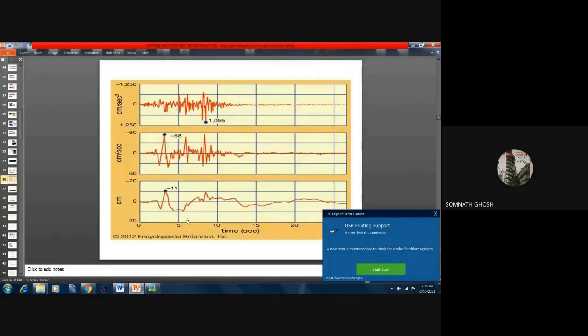So you see, this is a typical seismograph I have taken from the Encyclopedia Britannica. You see, this is the acceleration versus time. If you convert it to velocity, it is like this. If you convert it to displacement versus time, it is like this. So if you have this, you have this also. If you have this, you have this also.